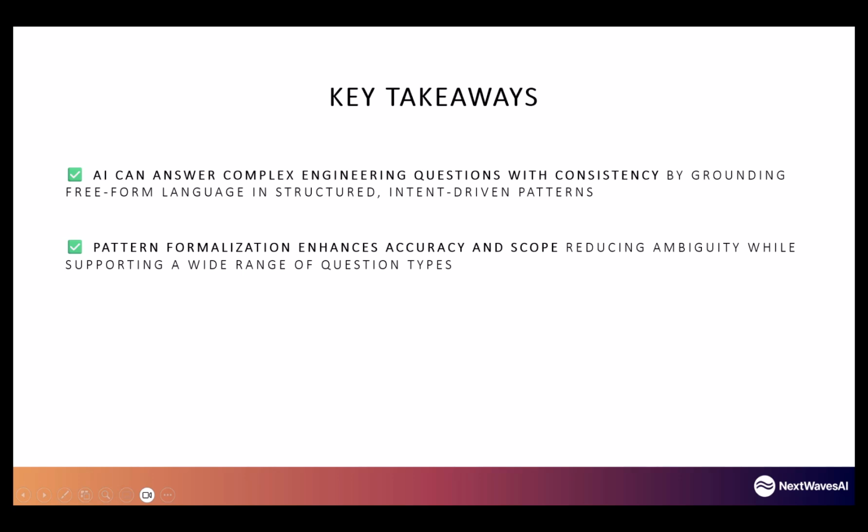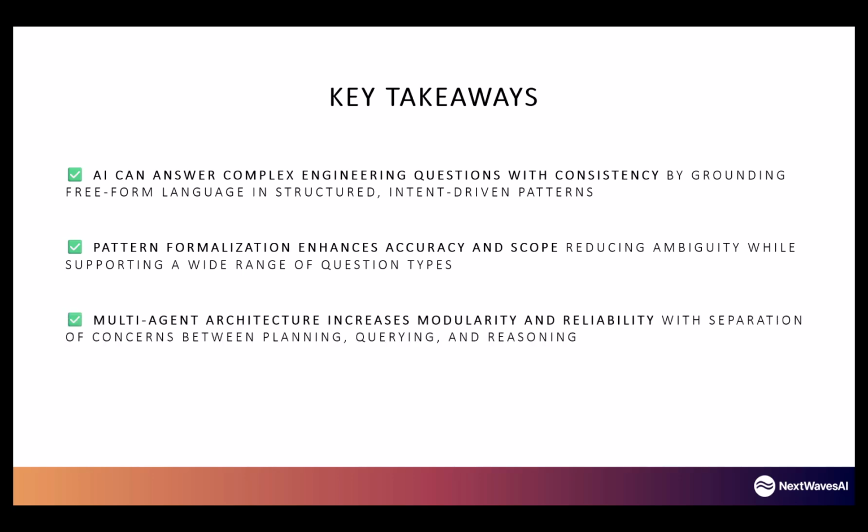Next, formalizing these patterns has been improving accuracy and coverage a lot, and basically reducing ambiguity. Multi-agent, in that case, is quite important because you can have separation of concerns between planning, querying, and reasoning, and so the three agents we have been implementing.